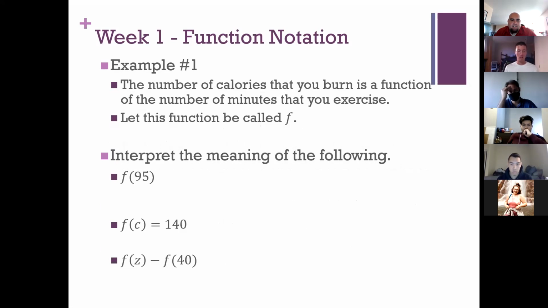So I'm going to give you all a couple minutes here. So I have f of 95, f of c equals 140, and f of z minus f of 40. I'll give you a couple minutes here, and when I come back, I'm going to get some volunteers to tell me what each of those 3 pieces of function notation means. I'll see you in a couple of minutes.